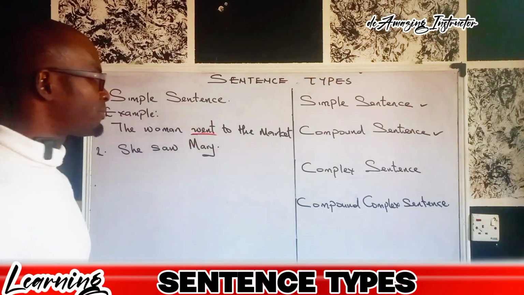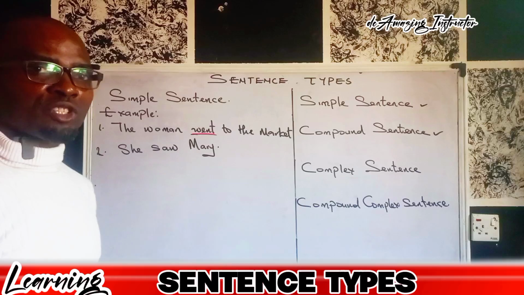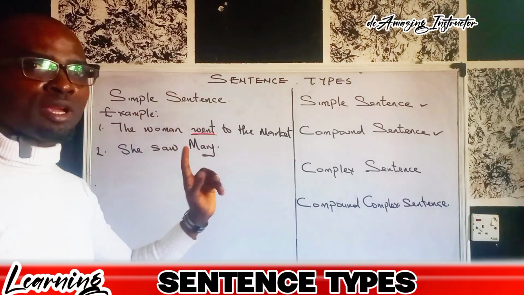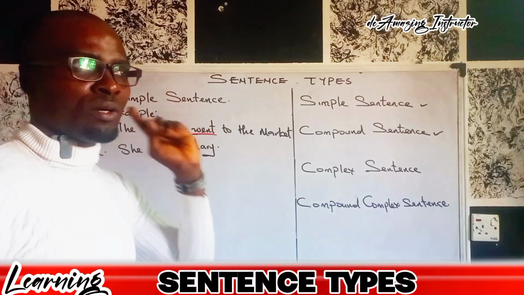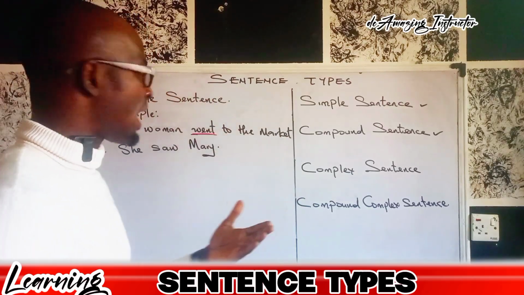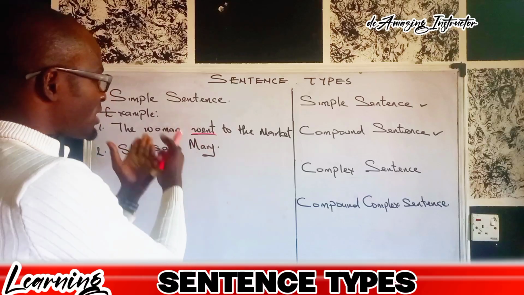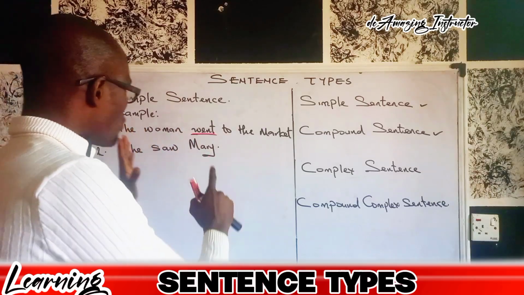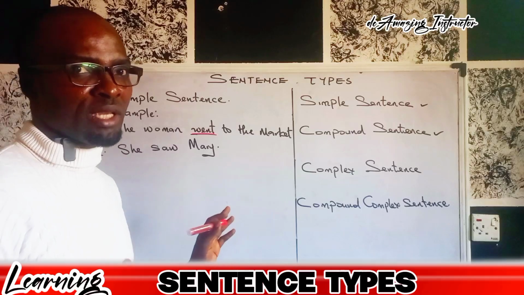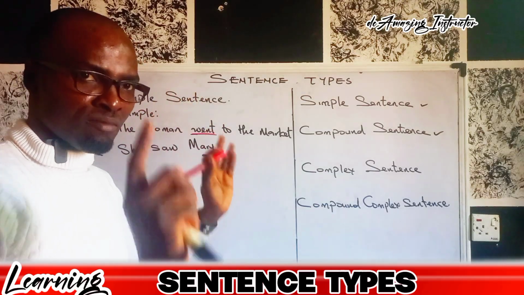So it's an example of a simple sentence. And because it has a single verb here, it projects only one idea. What is the idea being projected here? The idea being projected here is that the woman went to the market. No other message is being conveyed.